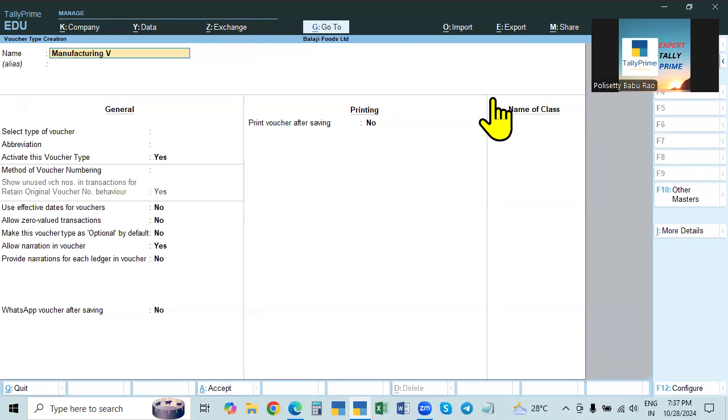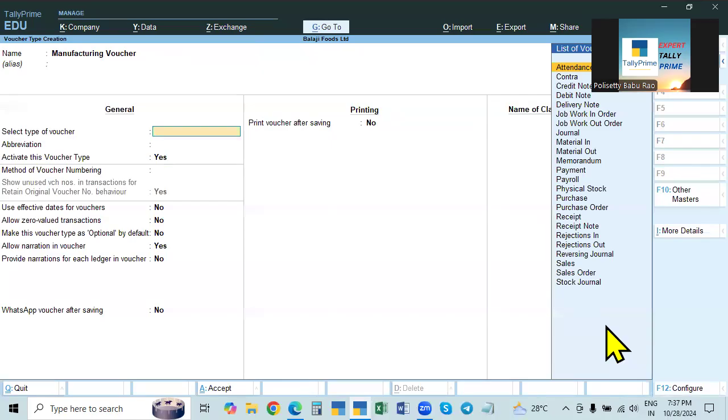What I am creating is the manufacturing voucher. You can get the manufacturing voucher, and it comes under stock journal only. It receives the raw material from the raw material godown, manufactures the goods, and sends them to the finished goods godown. It is also like a transfer of material after manufacture. Both come in this category.